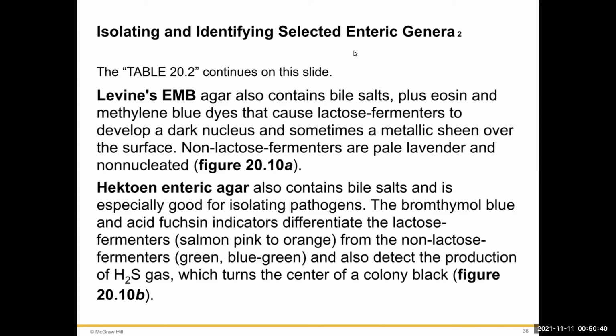Then Hektoen enteric agar was the next step. It also contains bile salts and is especially good for isolating pathogens. We use bromothymol blue and acid fuchsin indicators to differentiate lactose fermenters, salmon pink to orange, from the non-lactose fermenters, which are green, blue-green. It also detects the production of hydrogen sulfide gas, which in turn turns the colony a black color.